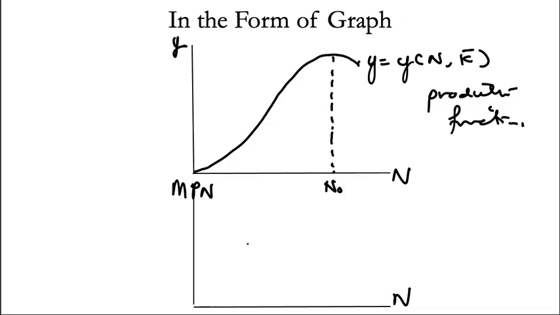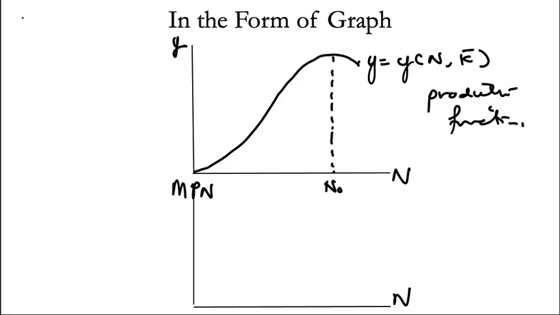Recall in your undergraduate study, marginal product of labor is the additional output that you produce after adding one additional unit of labor. But here, because we are talking about macro, usually we use N. It doesn't matter actually, but here we just standardize it based on the textbook.